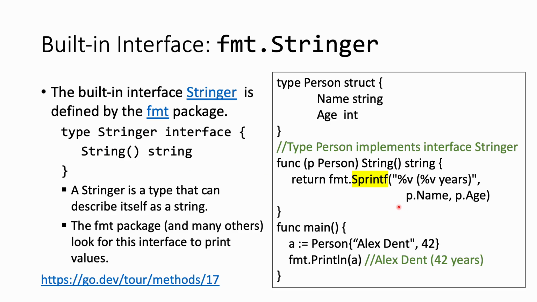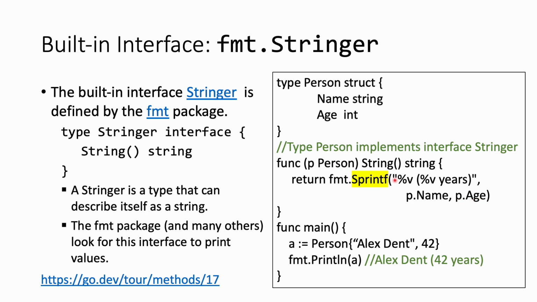In the definition of this method, we call the fmt.Sprintf function to format according to a format specifier and return the resulting string. The string returned by this method consists of the name and age of the person receiver.